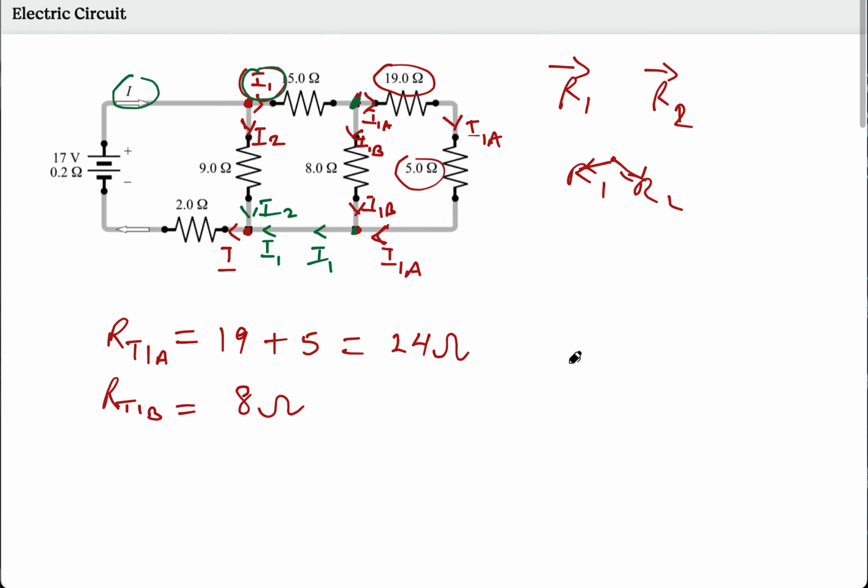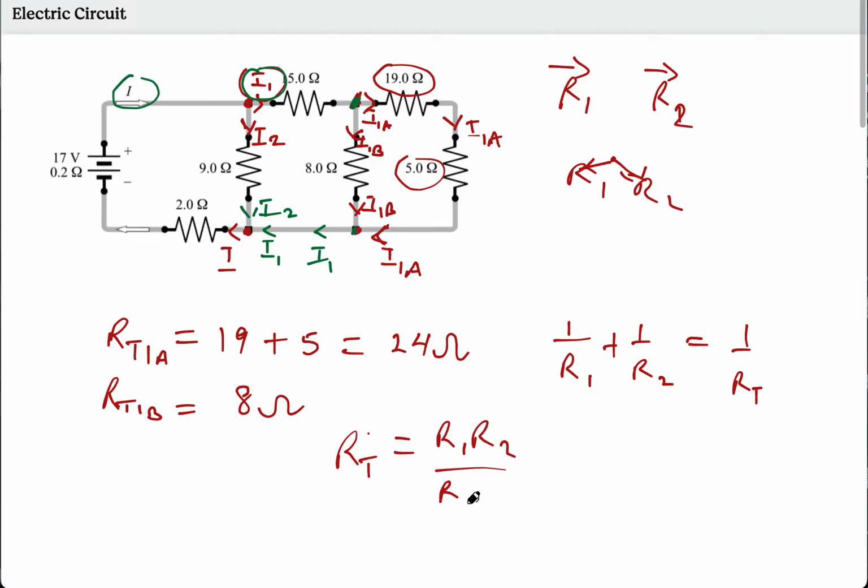Normally, the general formula is that 1 over resistance 1 plus 1 over resistance 2 equals 1 over total resistance. And this can be used even when you have more than 2 resistors. But there is a very useful shortcut, such that you can know that the R total for any 2 resistors in parallel is going to be R1 multiplied by R2, everything divided by R1 plus R2.